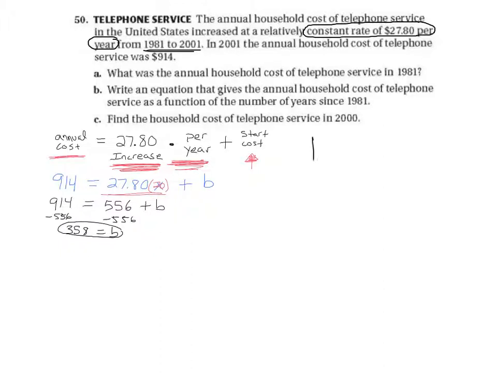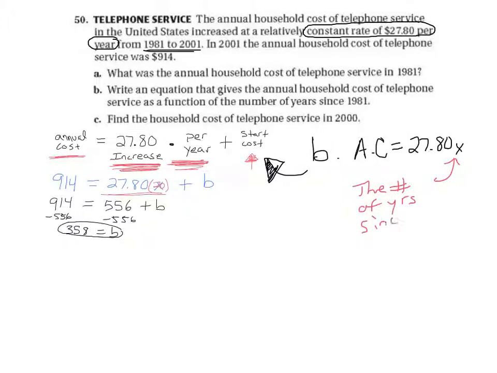Now, for B, if we wanted to represent an equation that made this specific to the number of years since 1981, we still recognize the annual cost as a function of this constant increase in price, times x, which in this case represents the number of years since 1981.